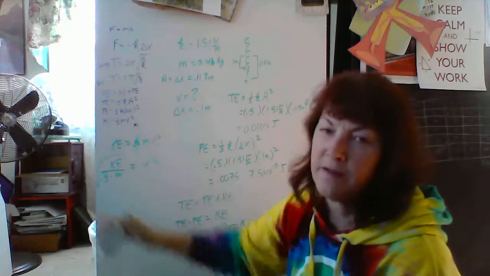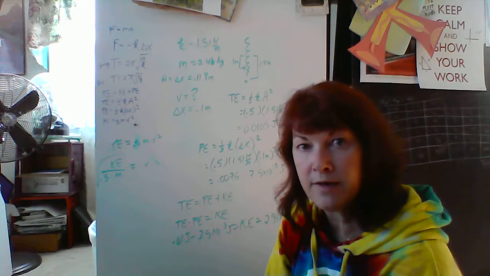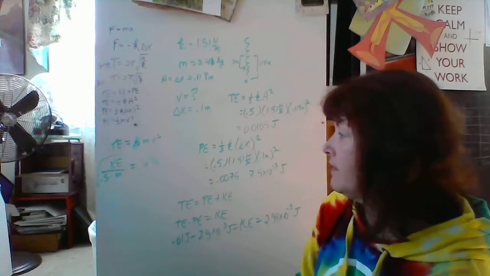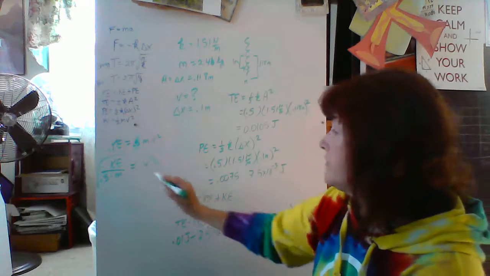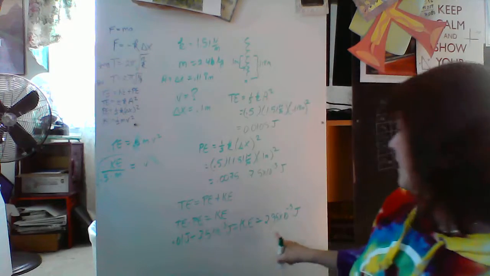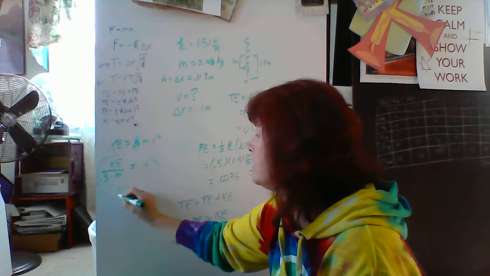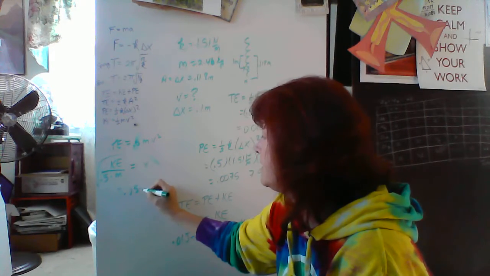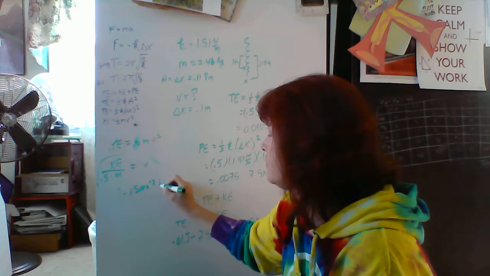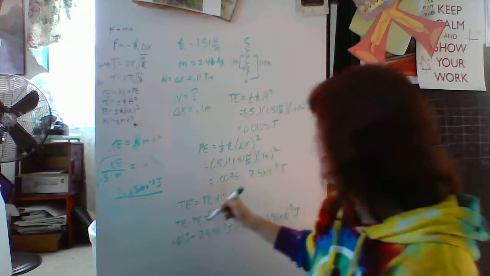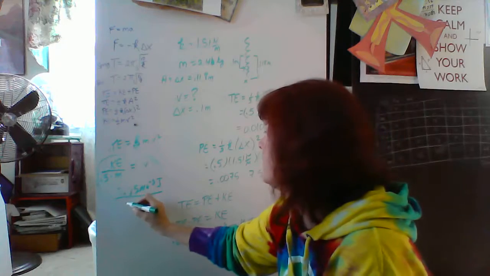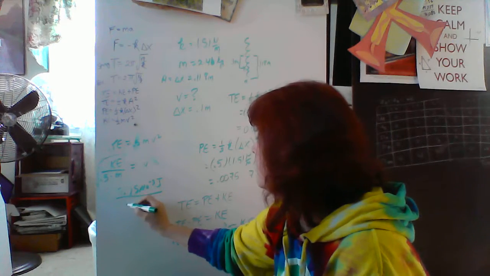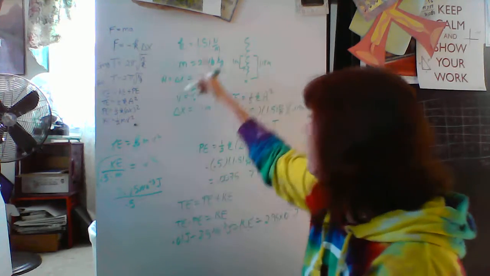So remember how you have to put that in your calculator, whether you put the radical in first or whether you can find the value and then press your radical sign. So my kinetic energy was this 2.95 times 10 to the negative 3 joules divided by 1/2 of the mass.